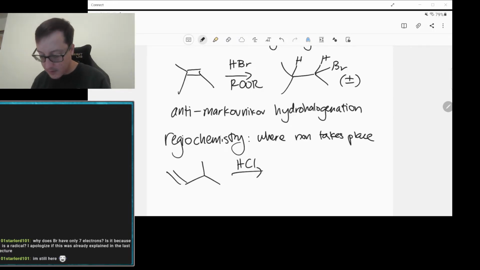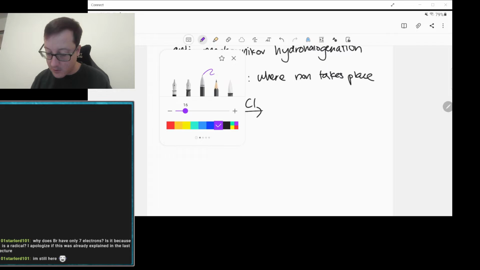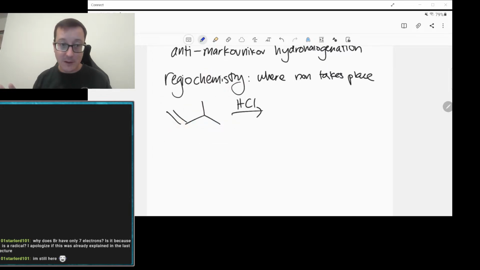Or let's use HCl. You can use HCl, not a problem. So this is a Markovnikov addition, right? We do not have peroxides in HBr. So that's the unfortunate thing with this. You're going to have to learn which reagents go which way. So just old HCl or just old HBr without the peroxides will go Markovnikov.